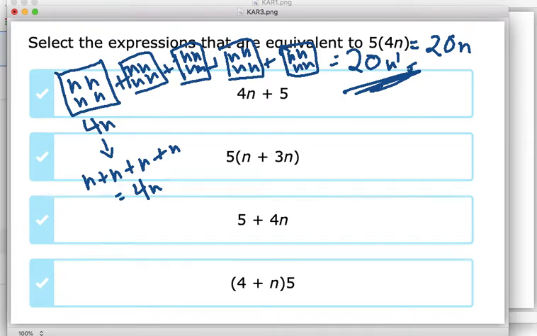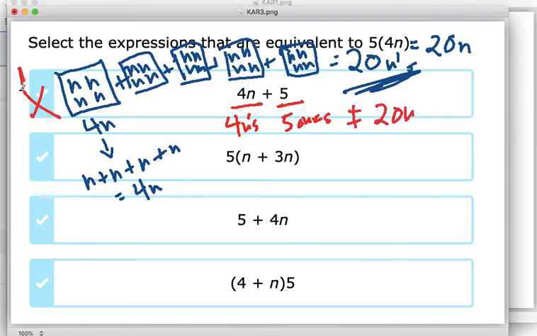So let's start with the first one. The first one, we have 4 n's and 5 1's. 4 n's and 5 1's. And that does not equal 20n. So this one is a no, sad face.